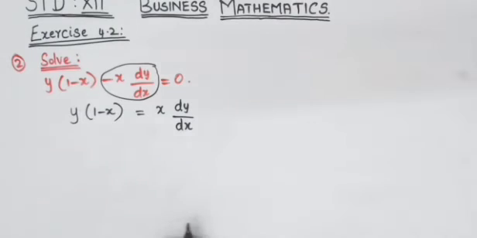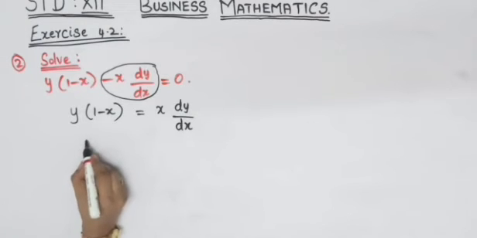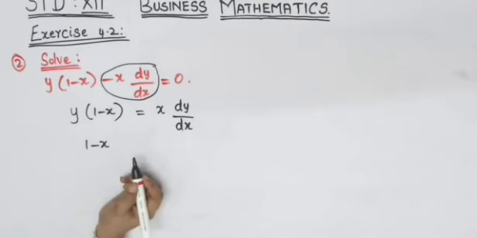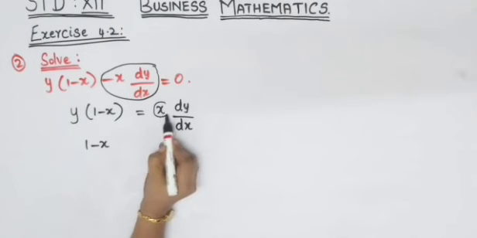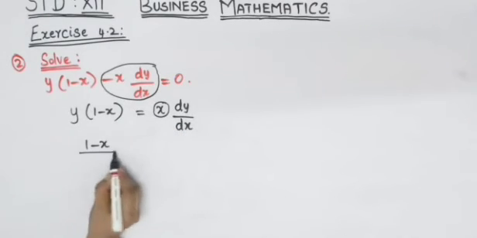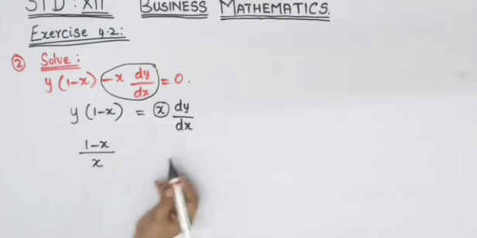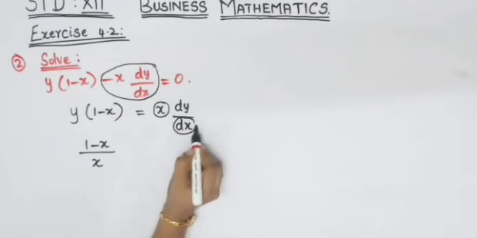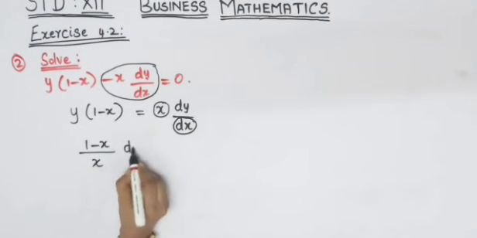Now 1 − x we keep here itself, bring this x to the left hand side so it goes to the denominator, and dx in the denominator goes to the numerator.